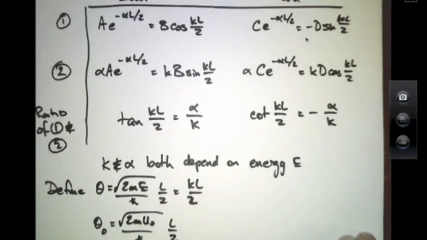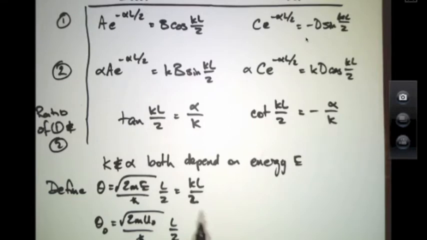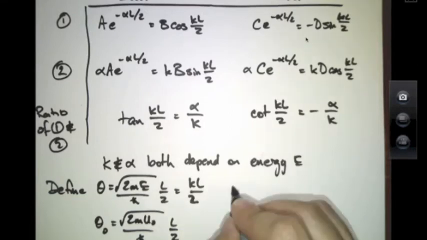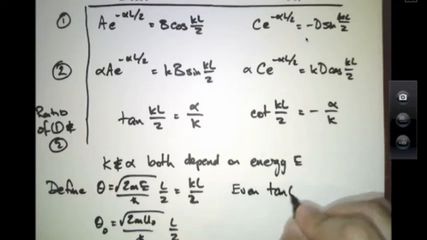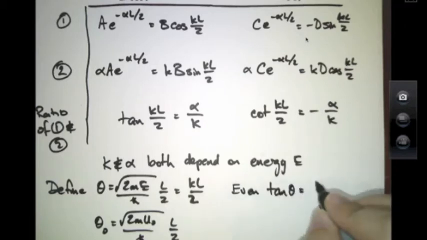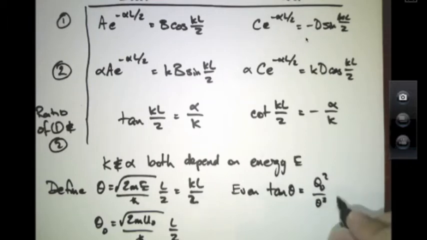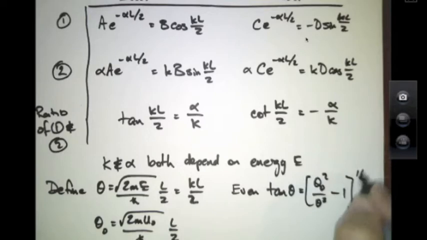In this case, these two expressions here reduce to, for the even case, tan theta is the square root of theta naught squared over theta squared minus 1.